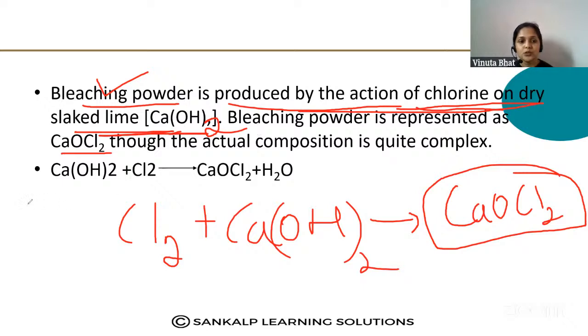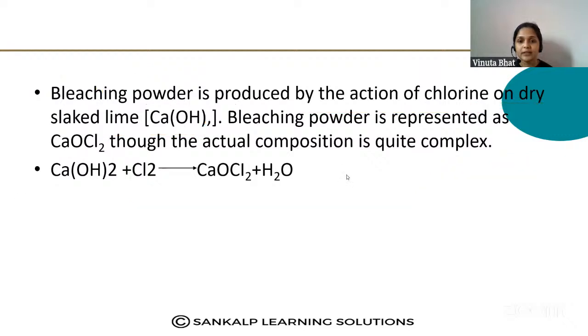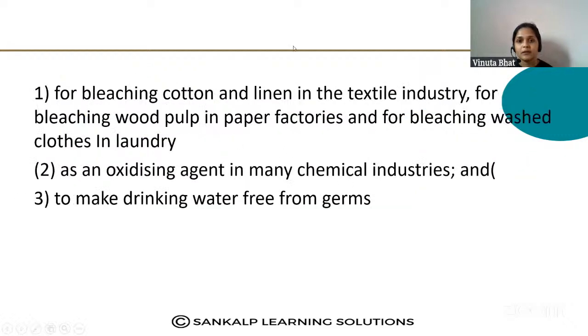What are the uses of calcium oxychloride, that is bleaching powder? Bleaching powder is used for bleaching cotton and linen in the textile industry, for bleaching wood pulp in paper factories, and for bleaching washed clothes in laundry.